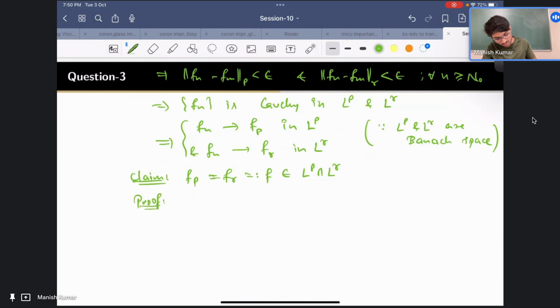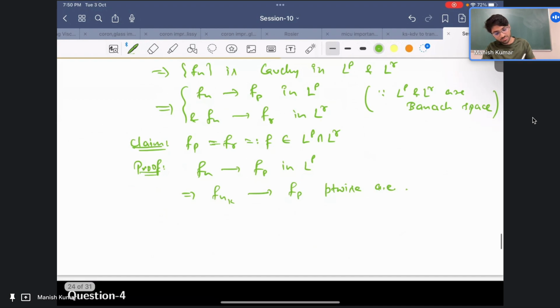See, f_n converges to f_p in L^p, right? So this means there will exist a subsequence which converges pointwise. So f_{n_k} converges to f_p pointwise almost everywhere. Now this f_{n_k} is a subsequence of f_n, and f_n converges to f_r in L^r.